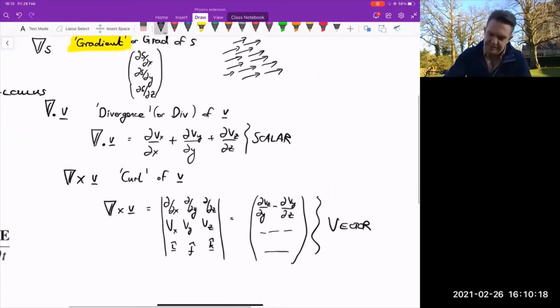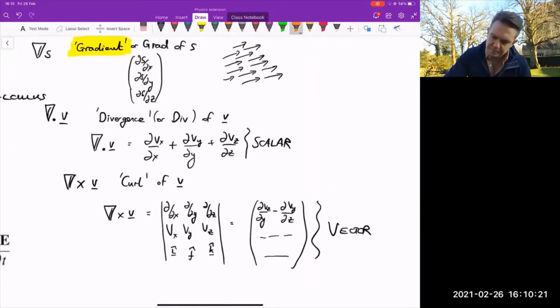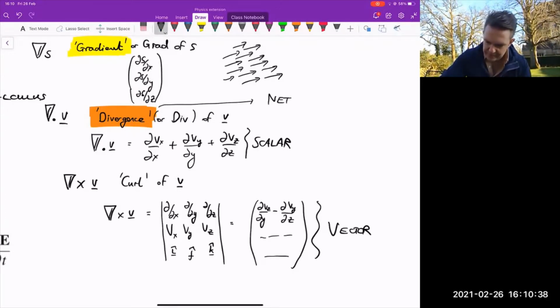The divergence is a measure of, I'm going to write this over here, the net flux of a vector field. I'll try and explain what this means.